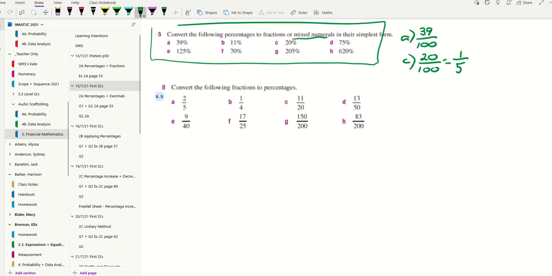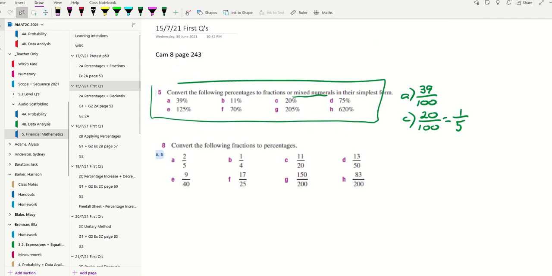So if I just do an example, a different number, I'm going to do an example of 540%. I would first change that to 540 on 100, and then that will give me 5.4.